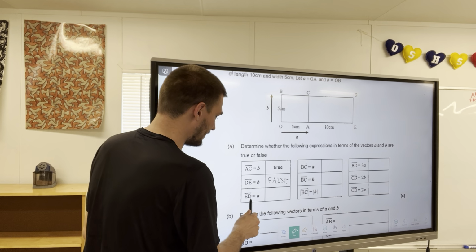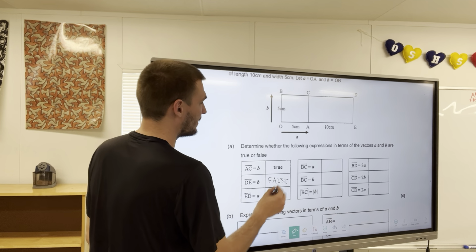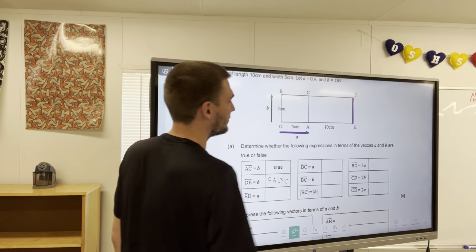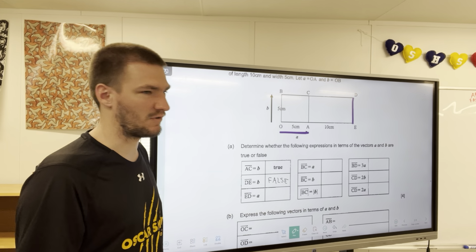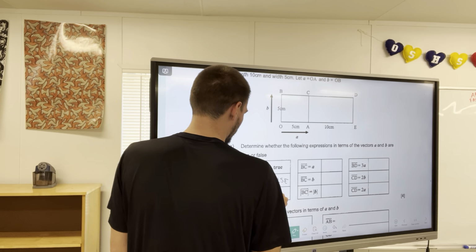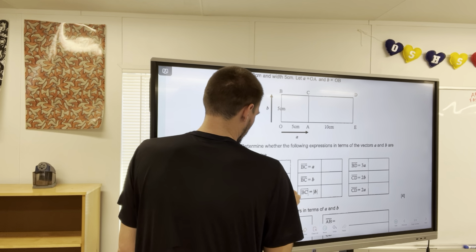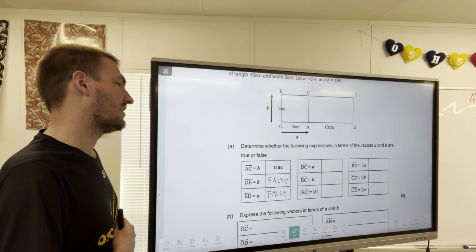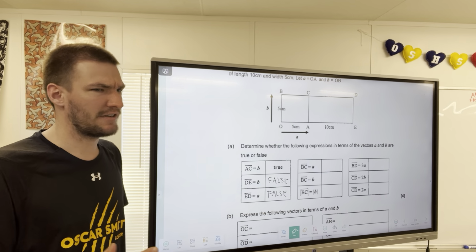Is ED equal to A? Well, ED is right here and A is at the bottom. Definitely not, right? No way. Those are not even close to being in the same direction. And again, like I said in the intro before we started the video, this is weird, but it's definitely not hard, okay?